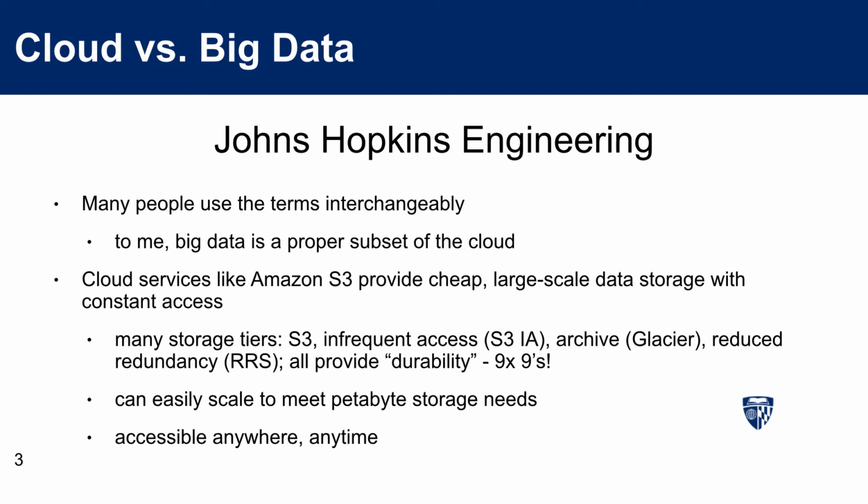But the point being here is that there are many different types of storage subsystems in the cloud, and they're easily able to meet petabyte scale needs, and in some cases larger. And of course, the nice thing about them is that they're accessible anywhere, anytime.